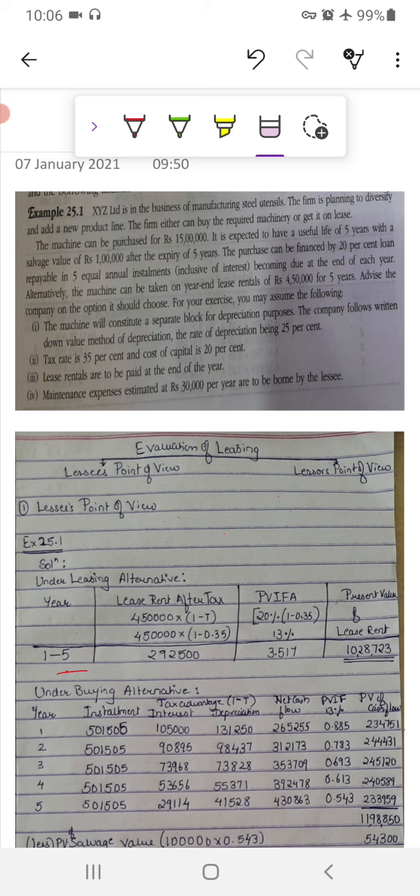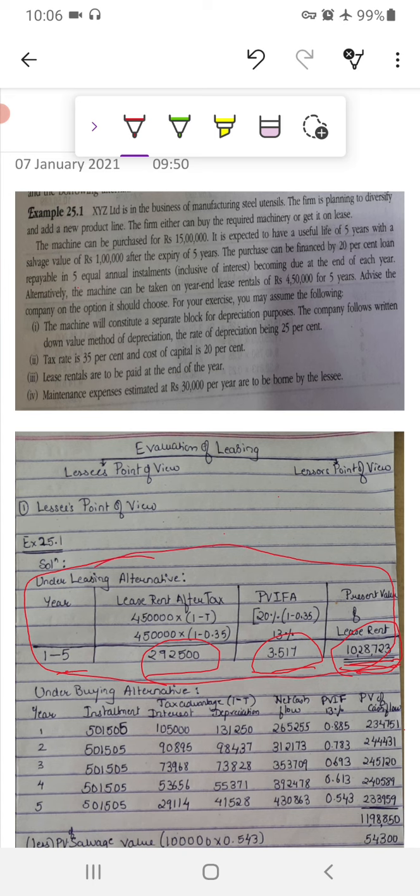So your annuity factor would be 3.517, and when you multiply 2,92,500 with 3.517, you get 10,28,723. So this is your final cost of leasing, that is 10,28,723. Okay, so this is how you do the calculation for leasing.